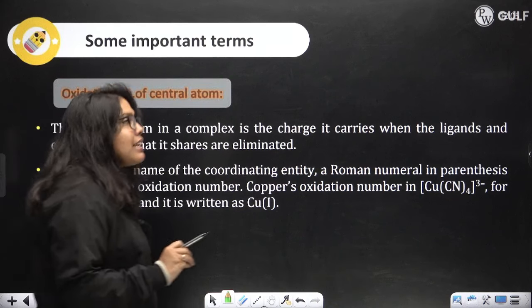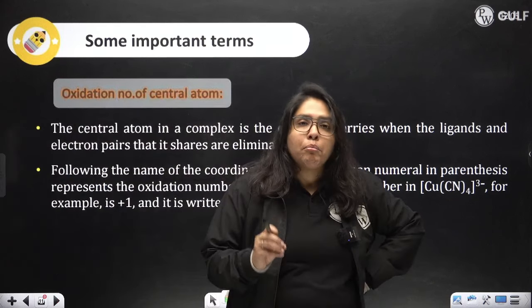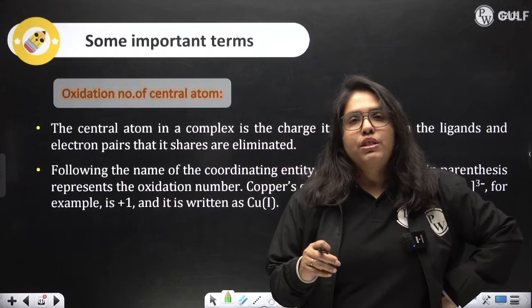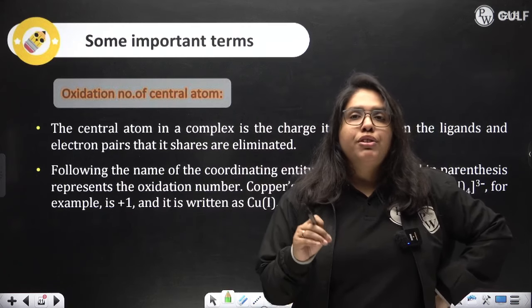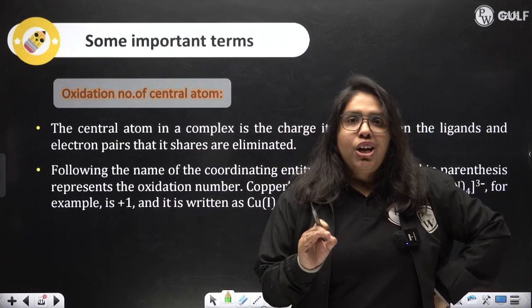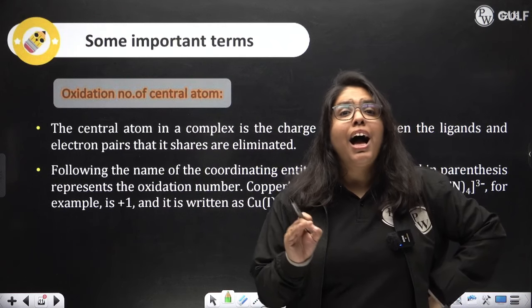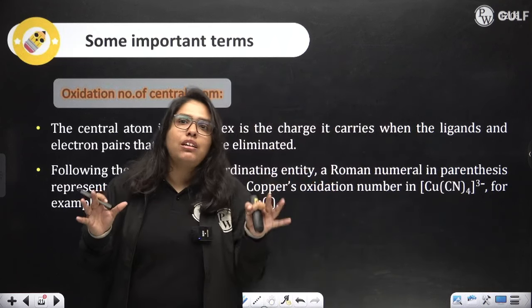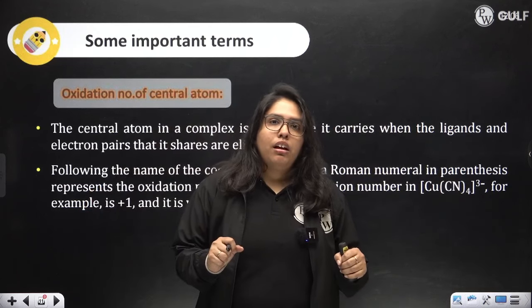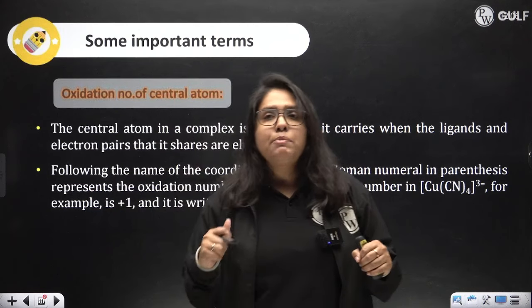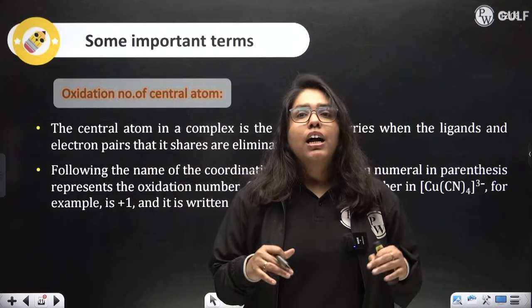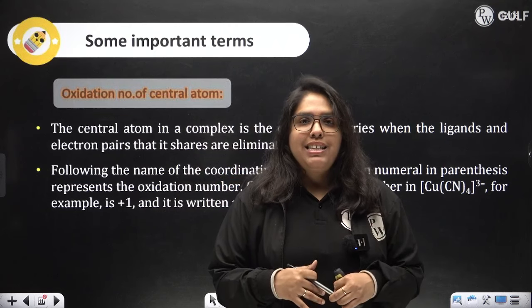So basically, the oxidation number, which is nothing but the oxidation state, of the central metal atom is with respect to the counter ions and the ligands that are present.